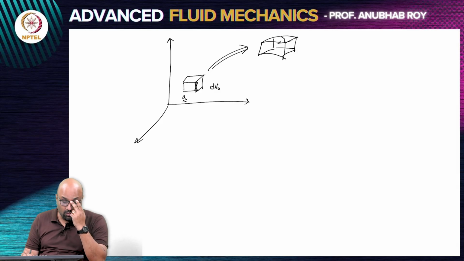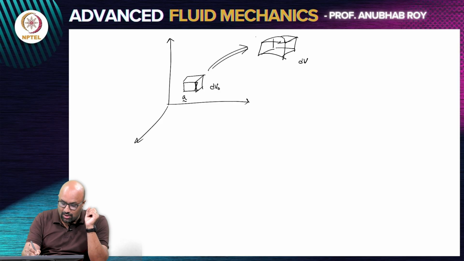If you think of it as a cube or a sphere, it is going to effectively distort, and as it distorts, it now has a new volume which is dV. If any point inside this volume was initially given a label A, now the points are given by a label X. They were located at some coordinate A, now they are located at some coordinate X, and I am asking how it goes from A to X and how that changes my volume, which was initially dV naught, to dV.